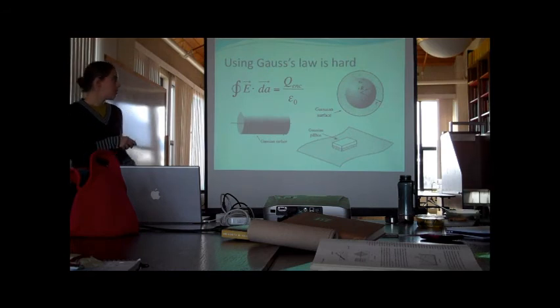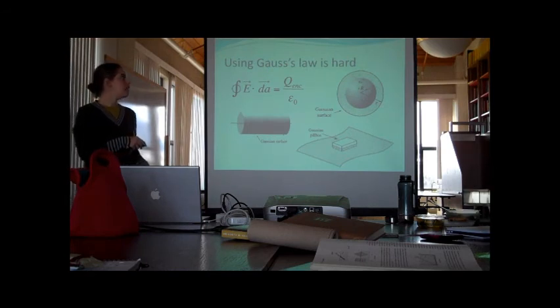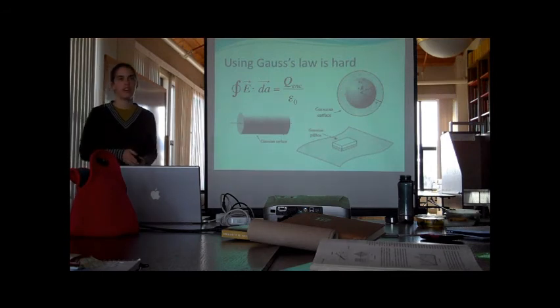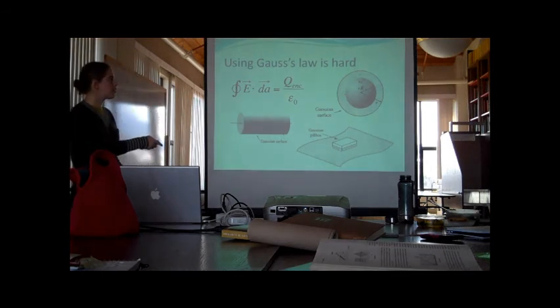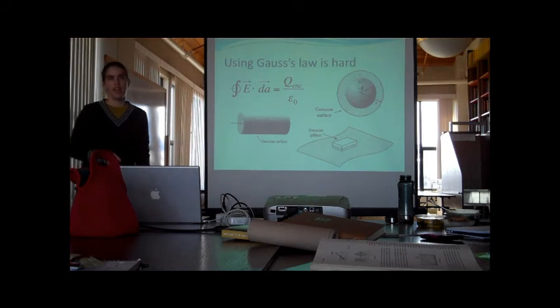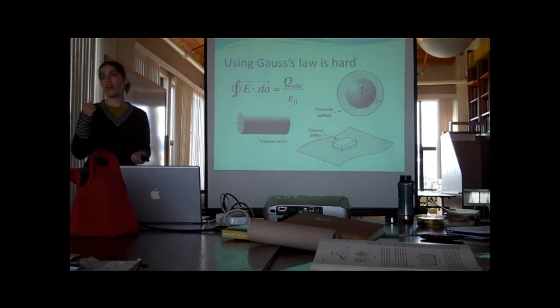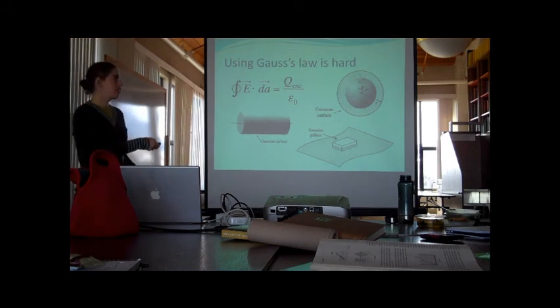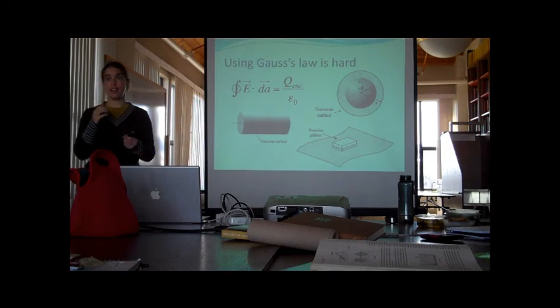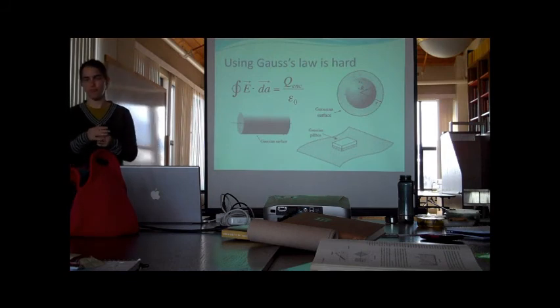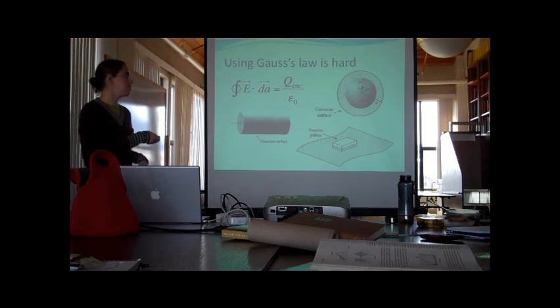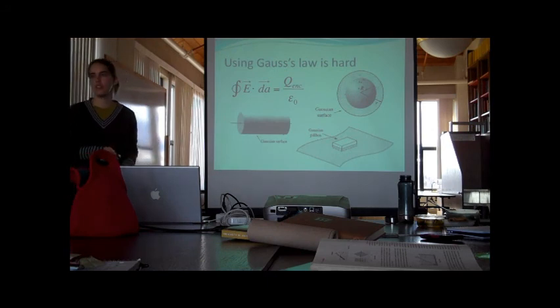If you have a sphere of charge, and the charge distribution only depends on r, so you have spherical symmetry, you can draw a spherical Gaussian surface like this, and you can say, okay, well I know that my electric field points outward, I know it only depends on the radius, so I know it's constant on this surface, I know E dot dA is just E dA, because they're parallel, and so I can just call this E times the area of that outer Gaussian surface.